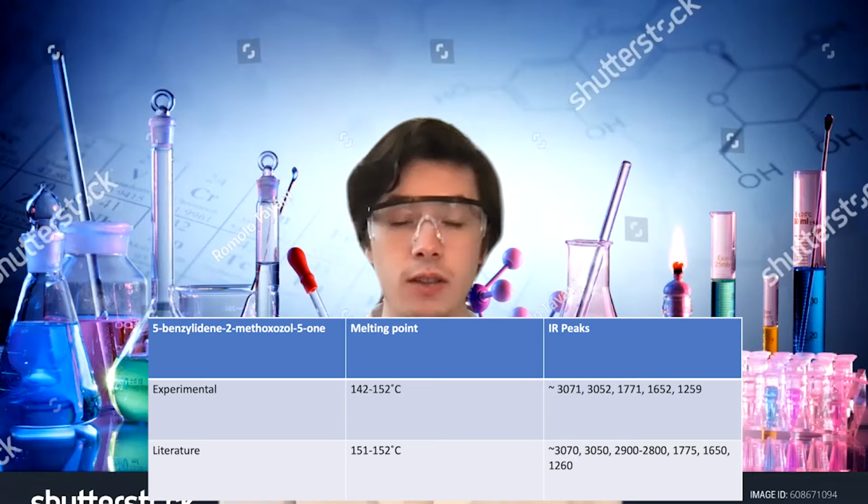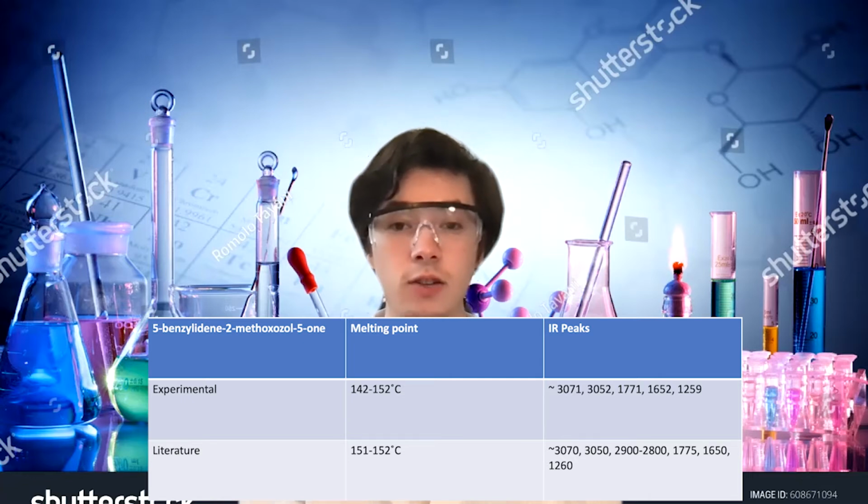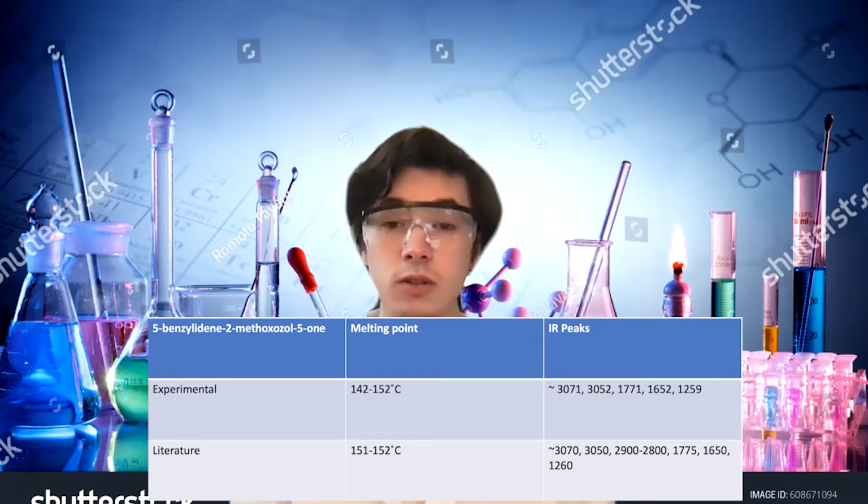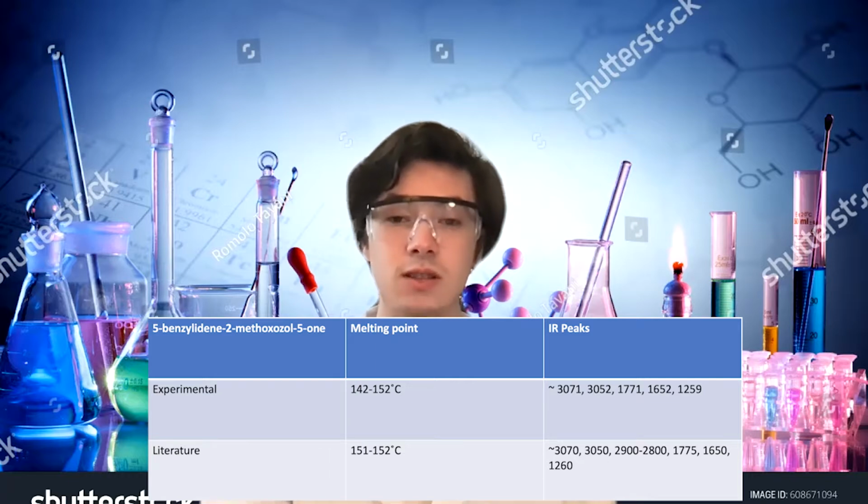The compound that I looked up on SciFinder was the Z isomer, which had that melting point. So given that we had around the same range, we most likely have synthesized the Z isomer of this product.